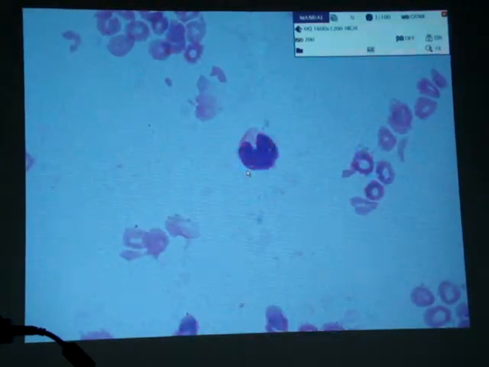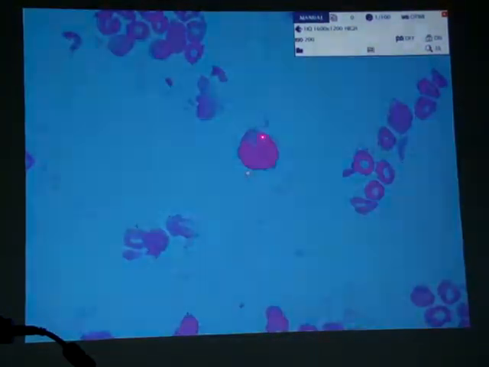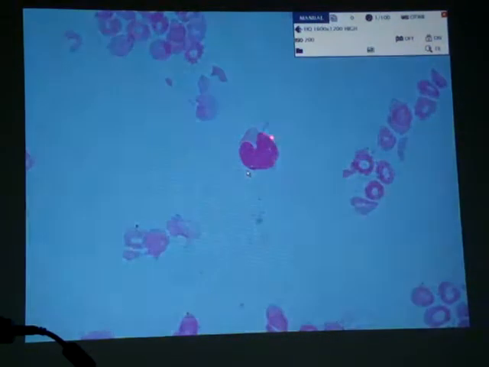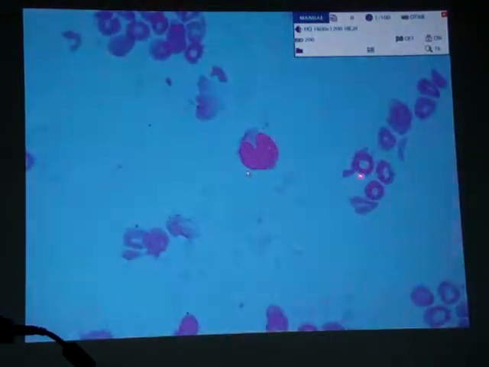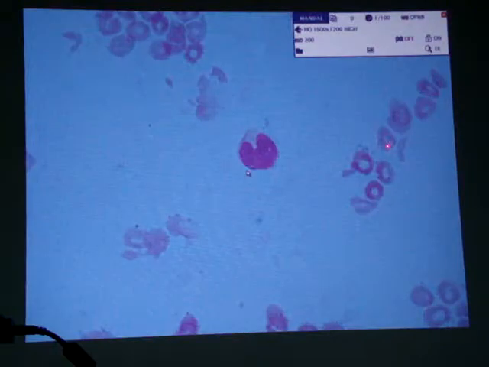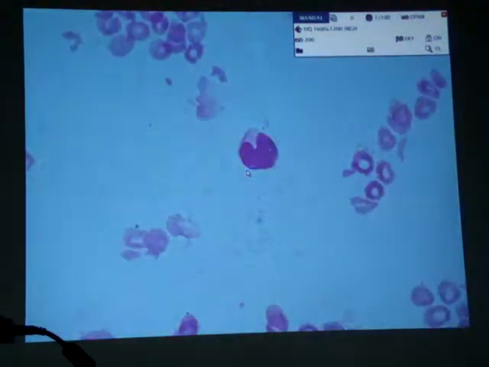That should be what is that? A monocyte. Notice the characteristic shape of the nucleus, and then the moderate volume of cytoplasm. And then compare its size to red cells. Okay, masyado siyang malaki. That's a monocyte.